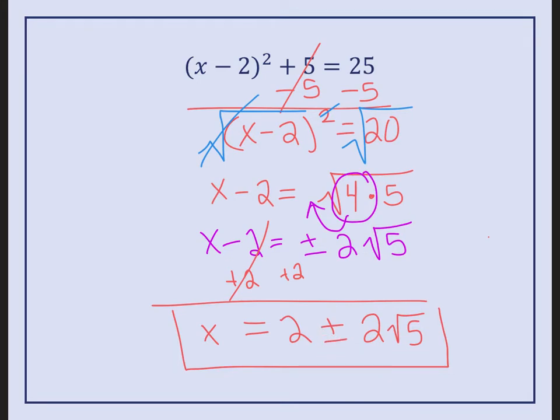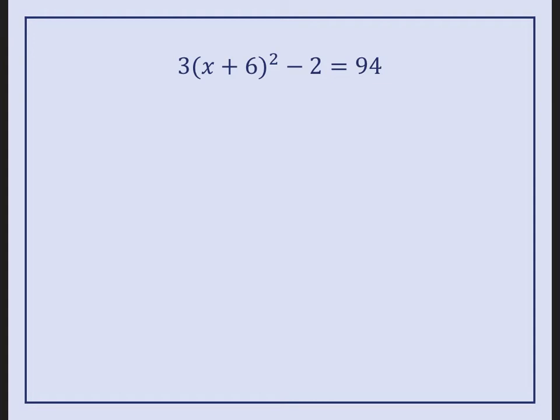Okay? Let's try another one. So our goal again is to get this squared by itself. So first I'm going to move the 2 to the other side by adding 2 to both sides.